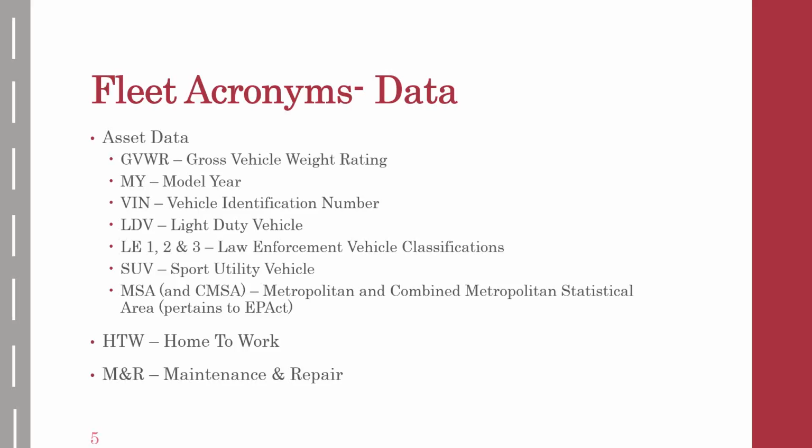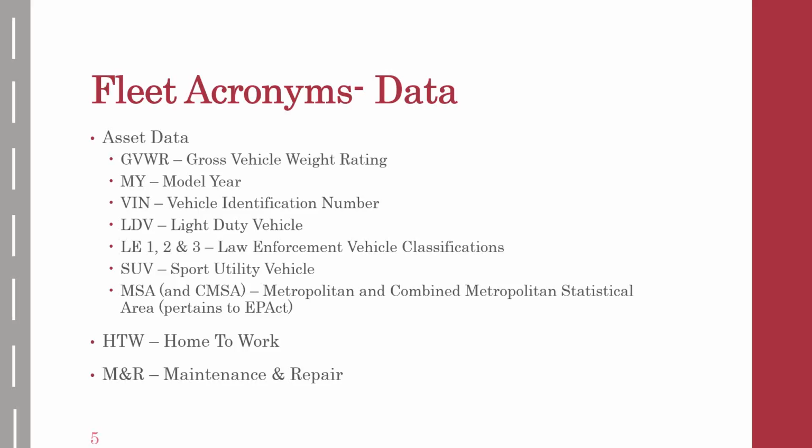And then we have MSA and CMSA. That's a metropolitan statistical area and a combined metropolitan statistical area. And the reason that this information is important is it's a category that's used to determine whether vehicles are exempt or non-exempt from certain EPACT requirements.